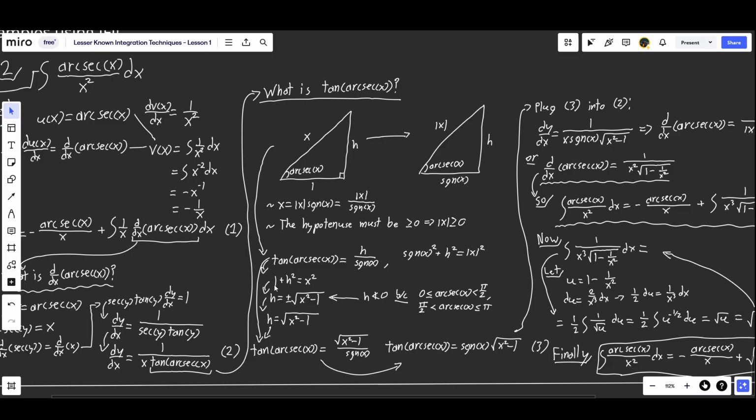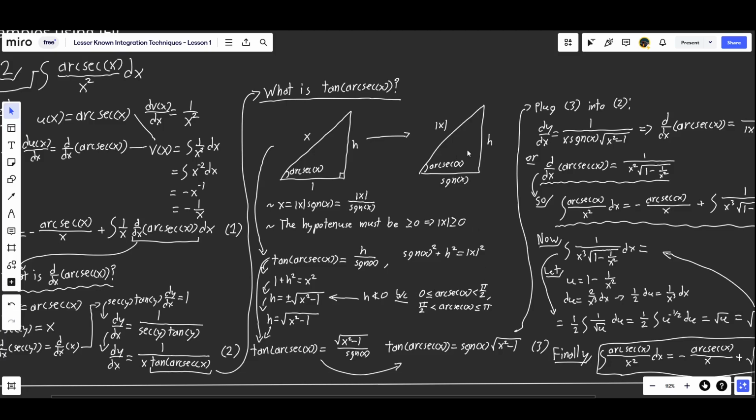This leads us to 1 plus h squared is equal to x squared, and solving for h, we see that h could be plus or minus the square root of x squared minus 1. Now we can figure out that we should reject this negative solution because the arcsecant function will always output angles that are between 0 and pi.